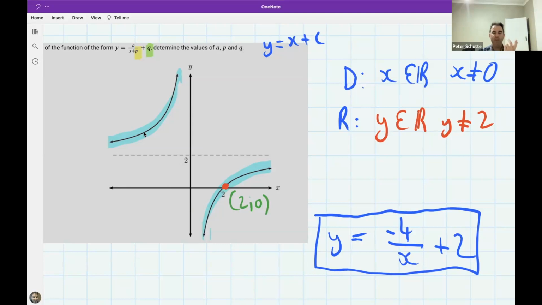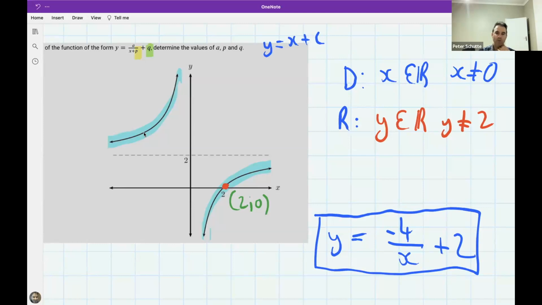Then we spoke about finding the equations of hyperbolas. All we did was look at the asymptotes and work backwards, and then plug one point in to find the equation. And then knowing about domain and range related to hyperbolas is also something that we discussed.